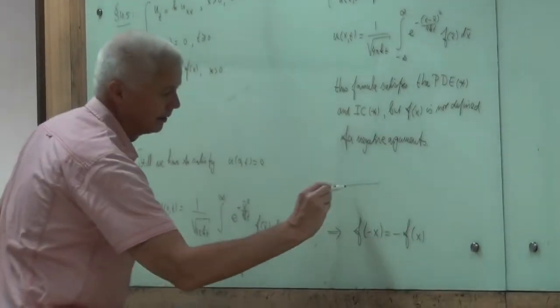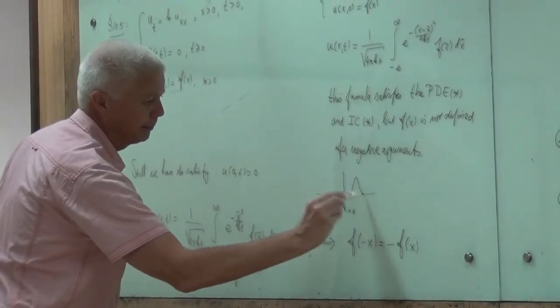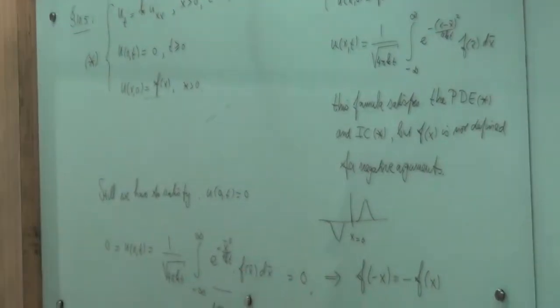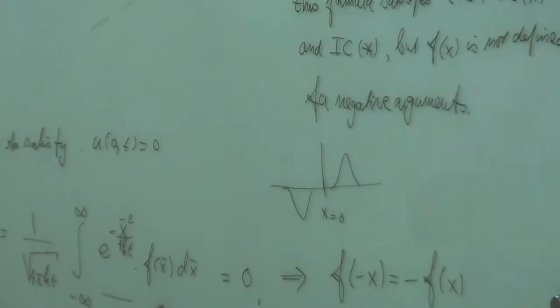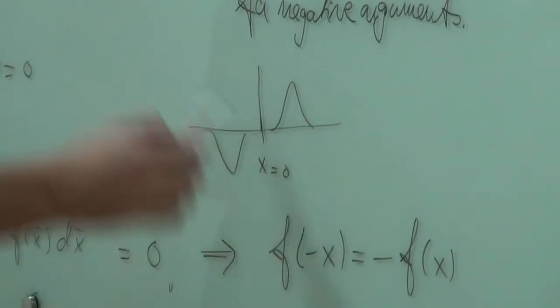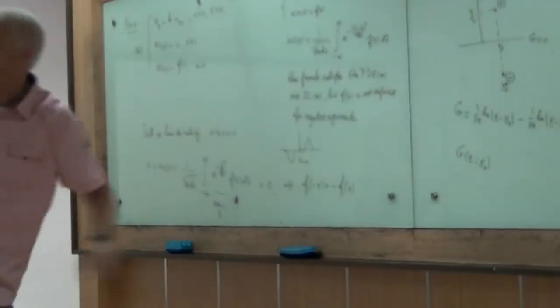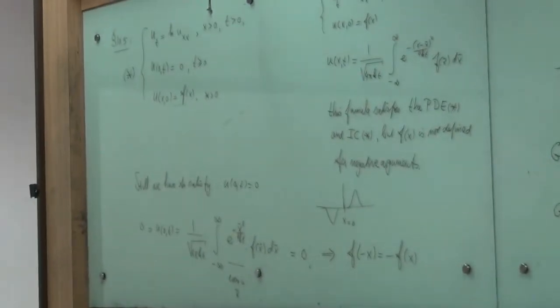Make a picture like this. If I have here x is 0, then if it's here up, it should be here down. Then that integral over f from minus infinity to plus infinity will be 0. So all things that are here up or down should be the other way. Have we seen that earlier?